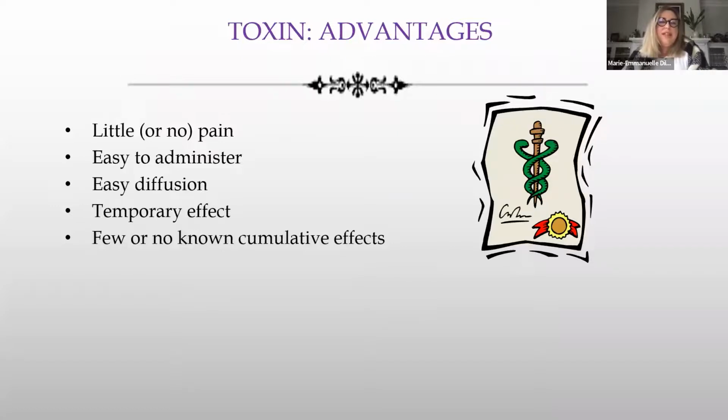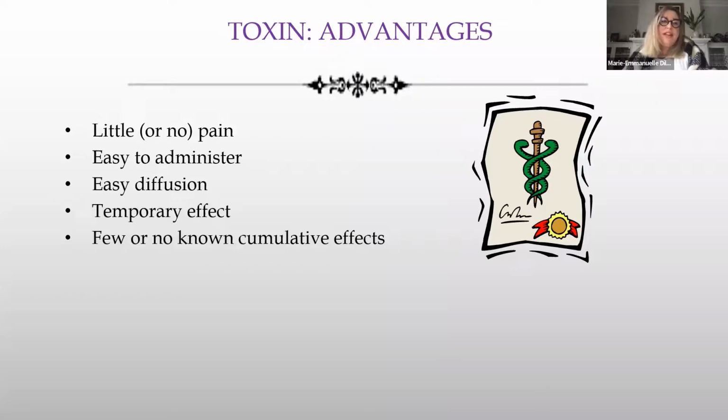So the advantages are that there's little or no pain. The pain comes from the injection itself, but once the injection is done, afterwards there's no real pain. Some will have some pain, like from a vaccine, for example, for 24, 48 hours, but it's rare. It's easy to administer, and it's reversible, which means that the effect lasts between 3 and 12 months, and then after that you return.